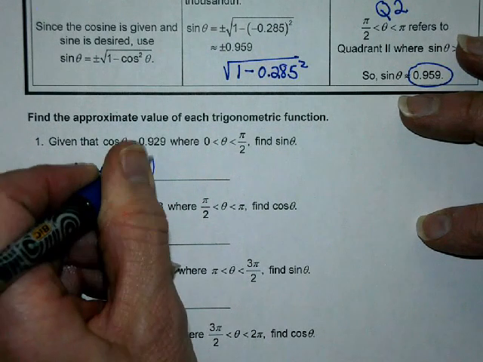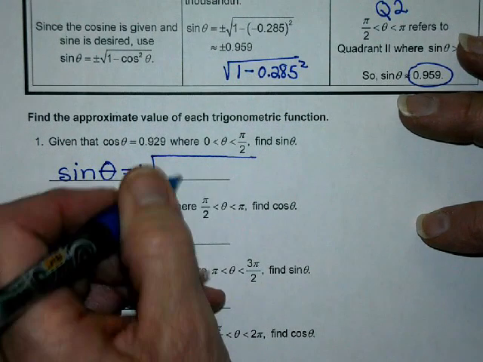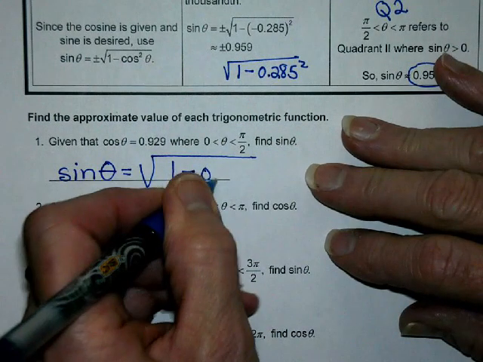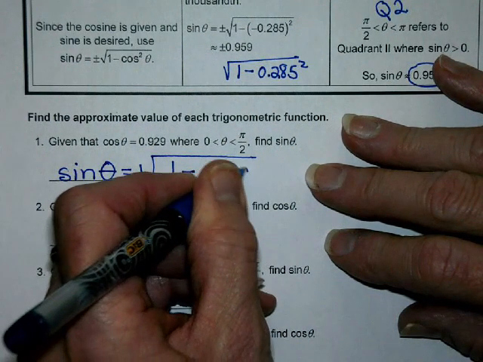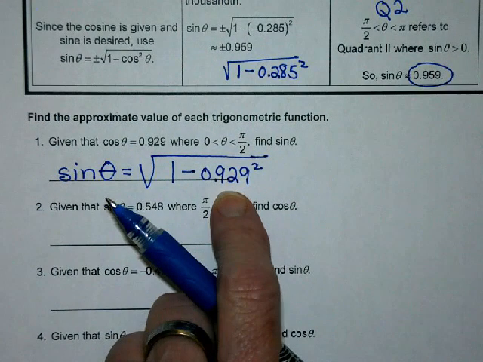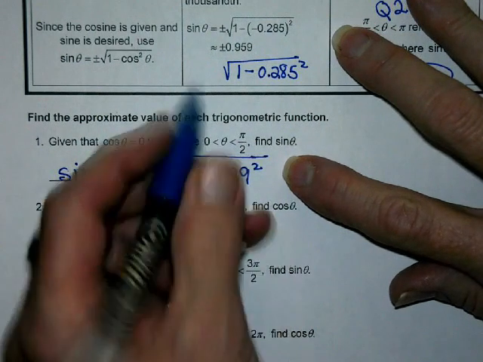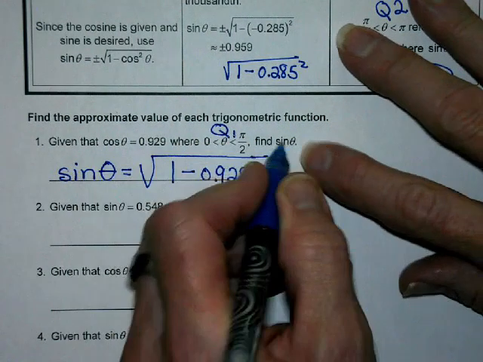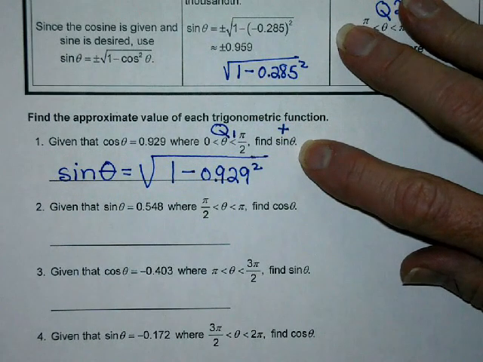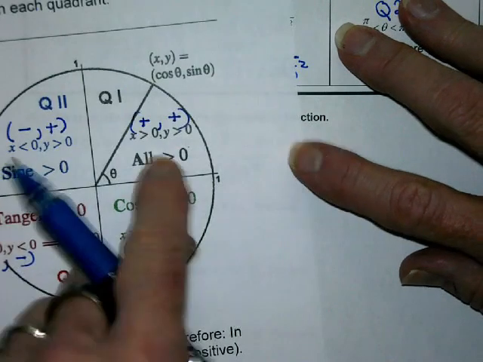Okay, they give me the cosine, so I'm going to use the sine formula. And the good thing is, the only thing that changes is what's out here and what's in here, right? 1 minus, and then I just put in my decimal without parentheses, because when I square a positive number or a negative number, that still comes out equal. And then I note that this is in the first quadrant, so my sign is positive.